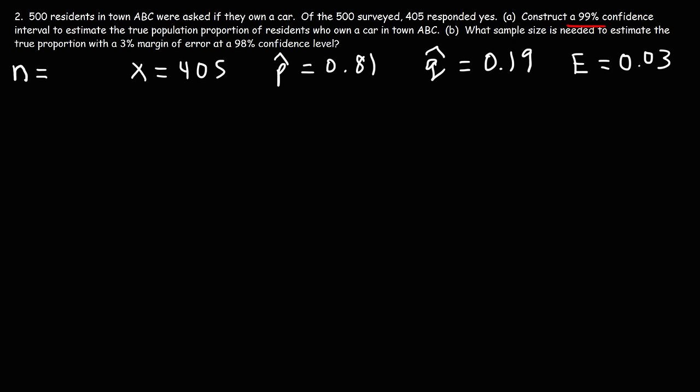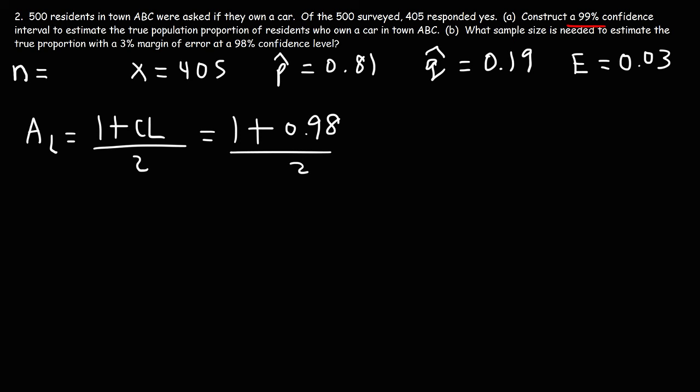Now let's begin by calculating the z-value. So let's calculate the area to the left. It's 1 plus the confidence level of 0.98, divided by 2. So that's 1.98 divided by 2, which is 0.99. Using the z-score table, this corresponds to a z-value of 2.33.